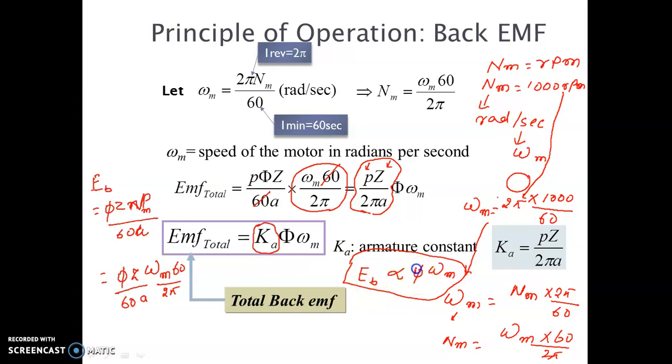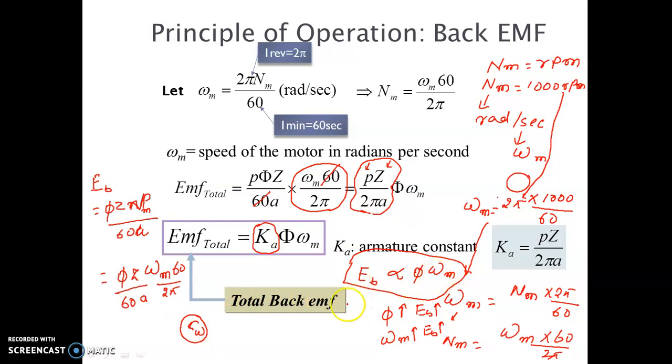If the flux is more, EB back EMF will be more. If the speed is more, then EB will also be more. If your armature is rotating at high speed, then back EMF will be more.